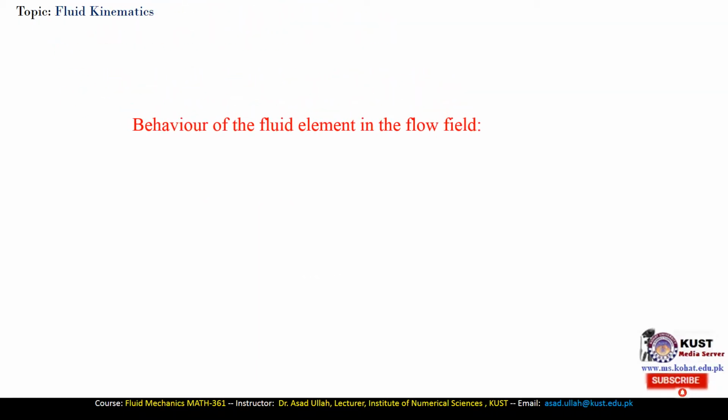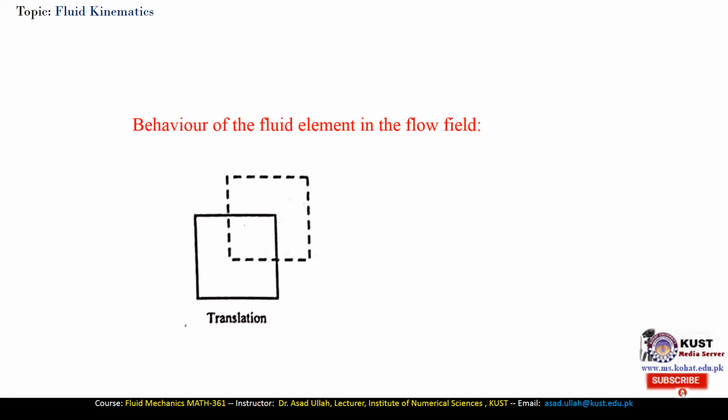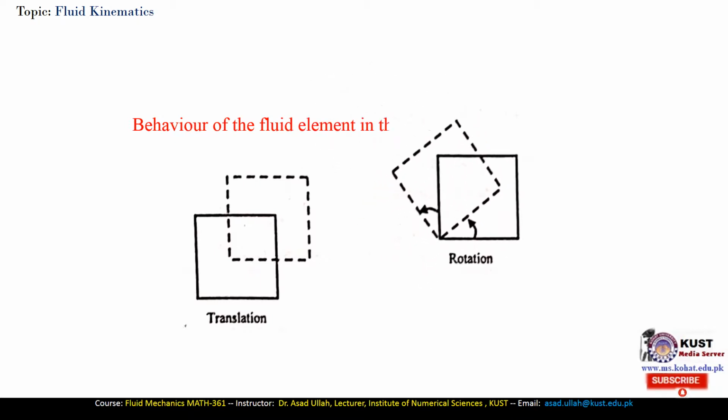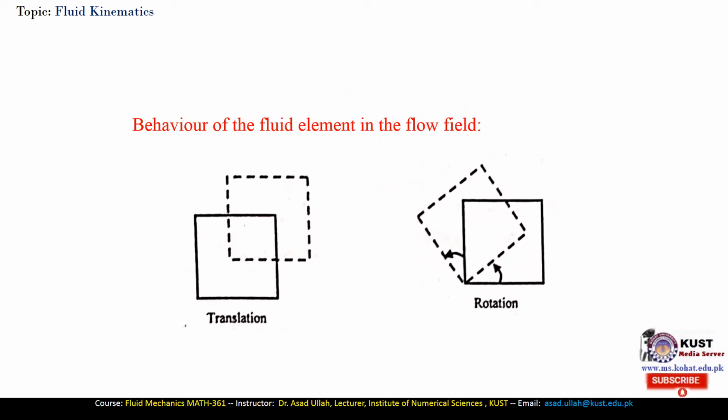Behavior of the fluid element in the flow field. When a fluid is flowing, there are different types of behavior inside the fluid between the molecules. Inside the fluid, there are shear stresses due to the viscosity, and also the pressure forces and normal forces are present inside the fluid flow.